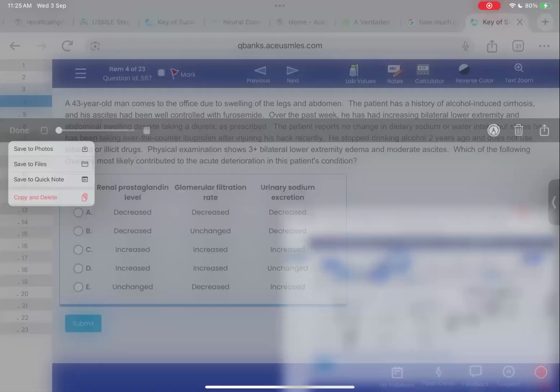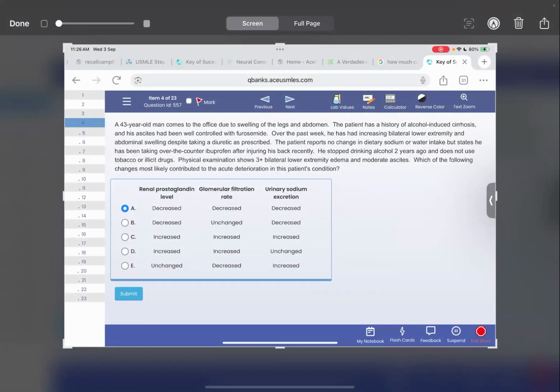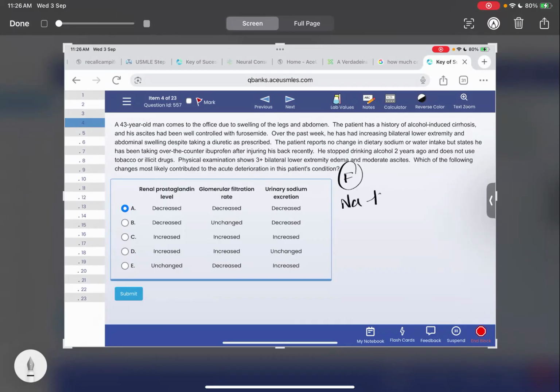You were telling something about sodium excretion. What was that point? Let me explain. What does furosemide normally do? Furosemide blocks the sodium potassium chloride symporter.